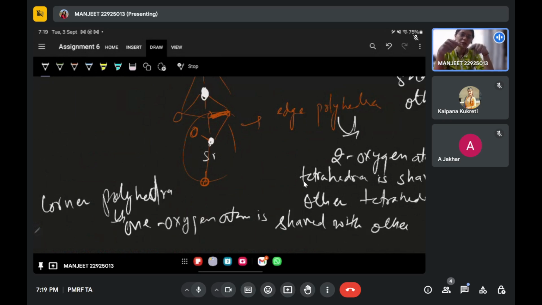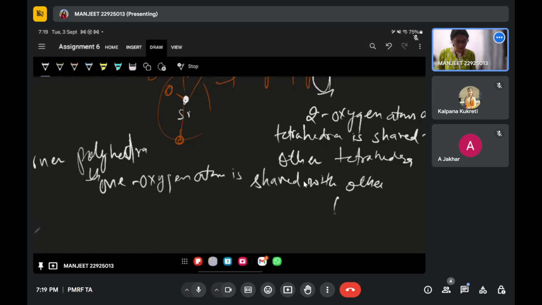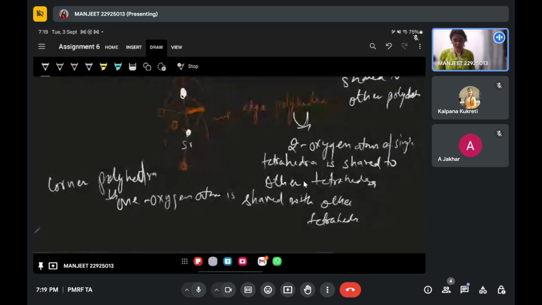If they are connected at the corner, that is the corner polyhedra. If they are connected through an edge, that will be the edge polyhedra. And if they are connected through a face, that will be the face polyhedra. These are the three types of polyhedra.